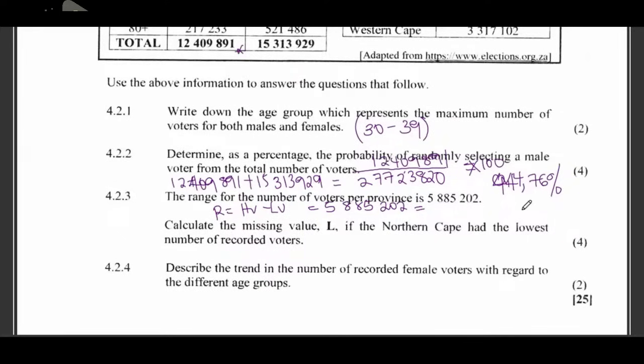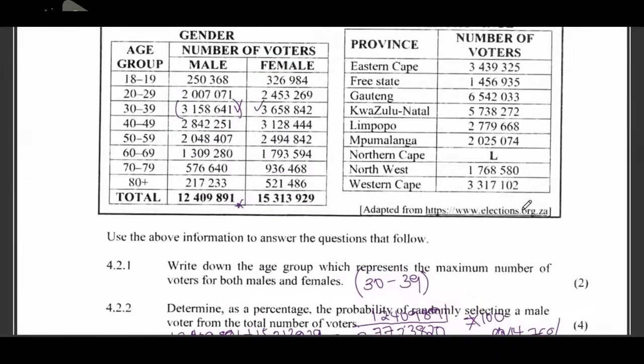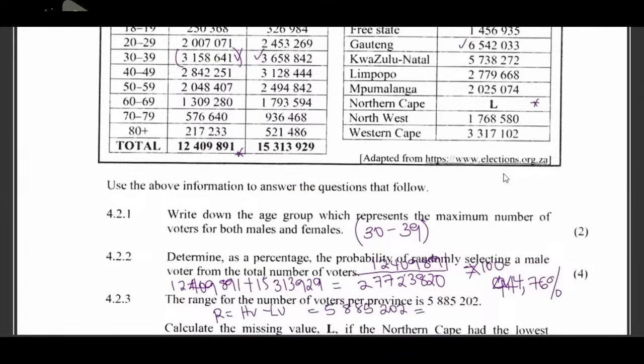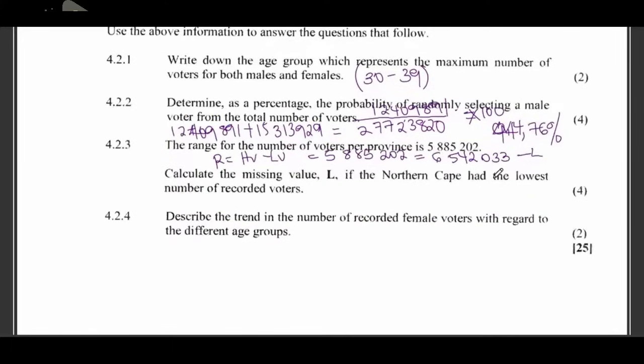So let's go and look for the highest value here. And this value that you're looking for, this is the lowest. So what's the highest? It's this one here, 6,542,033. They subtract the lowest, they got their answer as that much. You see that? So the range will come in and the L will come out.